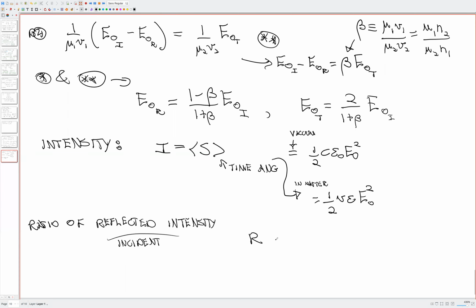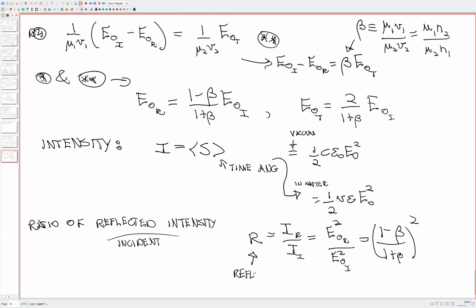This ratio is the reflected intensity divided by the incoming intensity, and this is just E0R squared over E0I squared, which we've calculated above. It's 1 minus beta over 1 plus beta, squared. And this is really the reflection coefficient that you will have been used to.